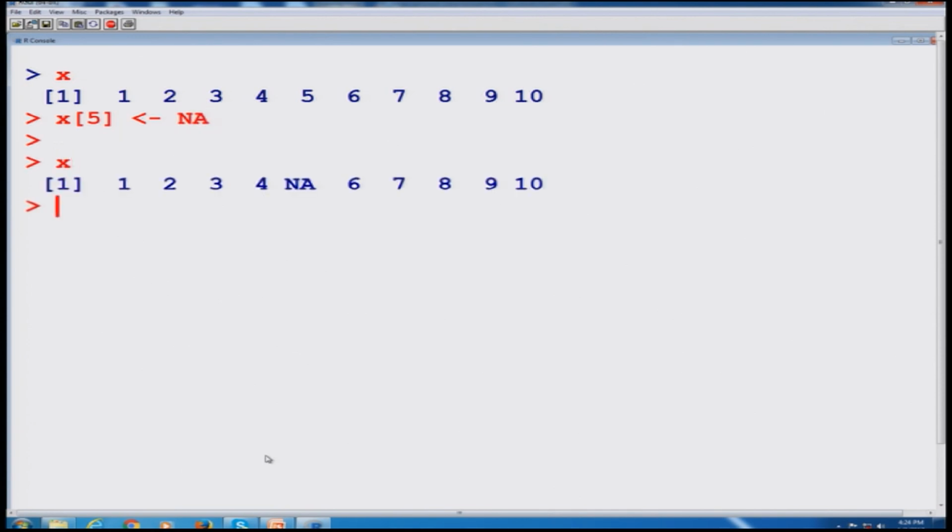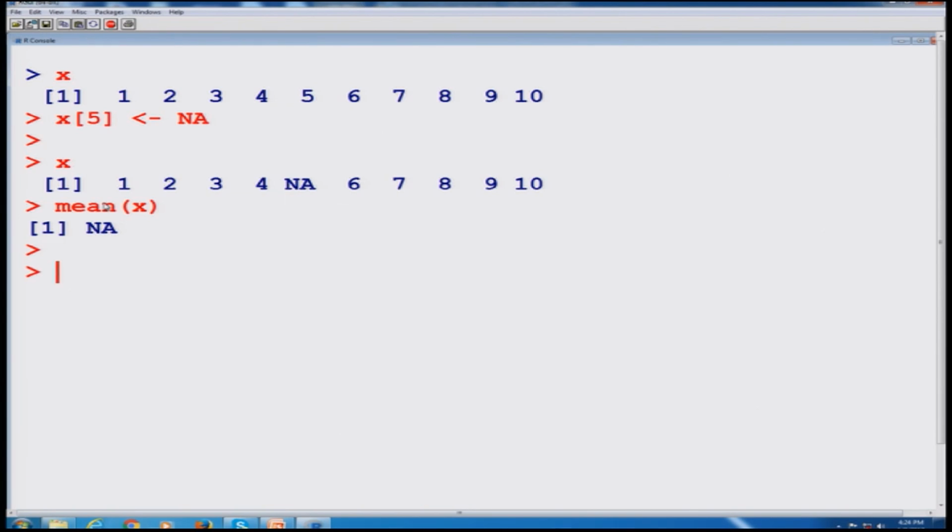And now you can see what my x is. Now, there is an NA here, whereas earlier it was 5. Now, if I try to find out the mean of x, what do you get here? No, it is not available, as we have seen.